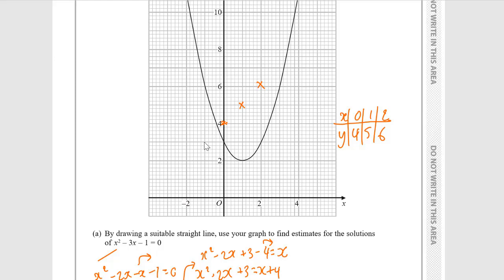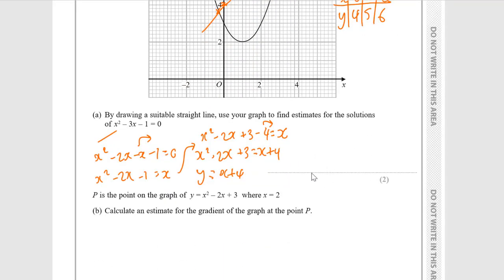Now again, because I'm not using a ruler, this may not be as accurate as if you were using a ruler, but hopefully you understand where I'm coming from. But essentially, if you cross the line using a proper ruler, you'll notice that the points at which they intersect are going to be about minus 0.3 and 3.3.